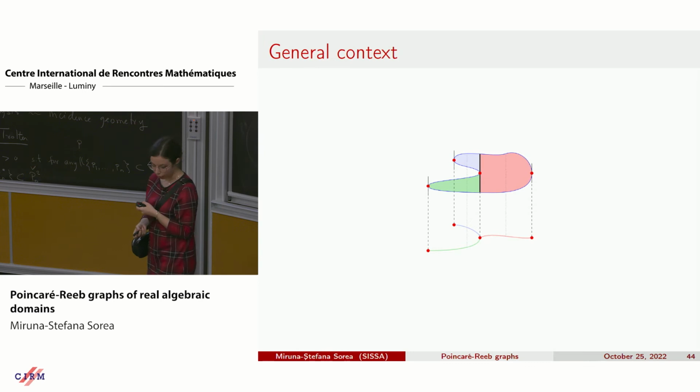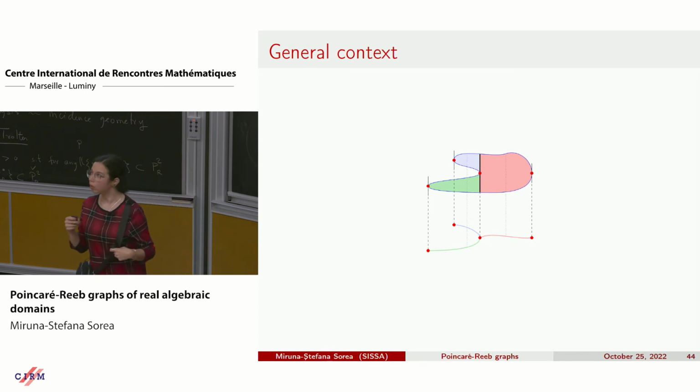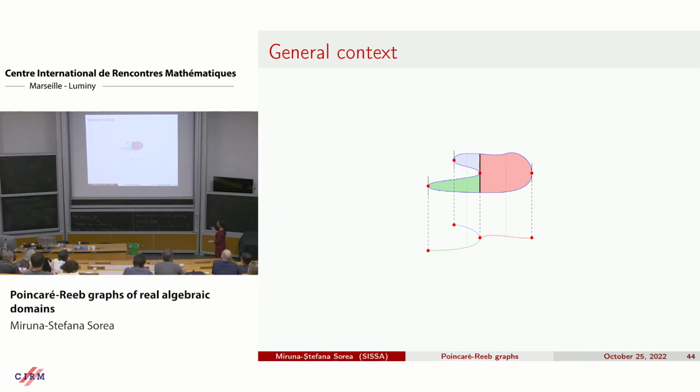And remember that we were using this collapsing procedure, and maybe now your question becomes more clear. I don't know if I had this figure before. This is a band in between two critical points, and it becomes an edge once you contract it. So when we make this contracting procedure, we end up with a graph embedded in the plane.